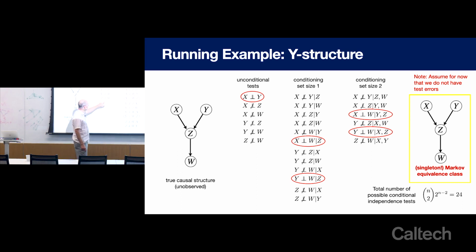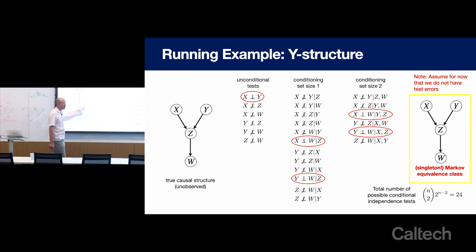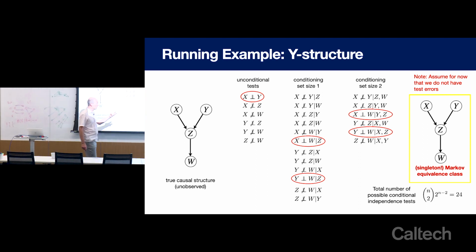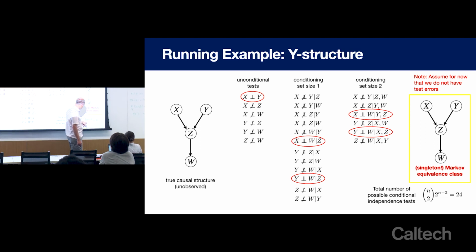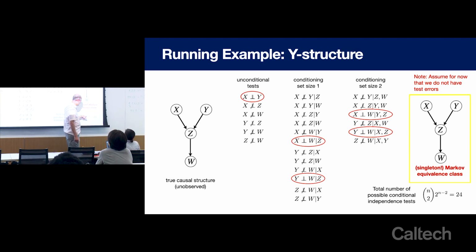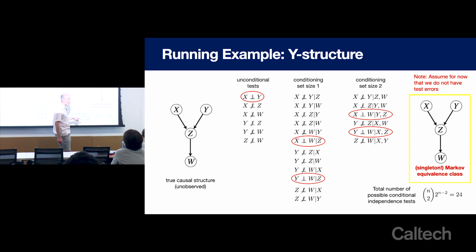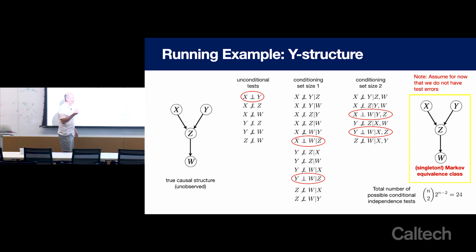But of course, for different graphs, whether they turn out to be independent or dependent will change. But there are 24 tests for 4 variables. For 3 variables, you can work it out. 3 choose 2 is 3, times 2 to the 3 minus 2, which is 1, so just times 2. So that's 6, right? So for 3 variables, you just have 6 tests.